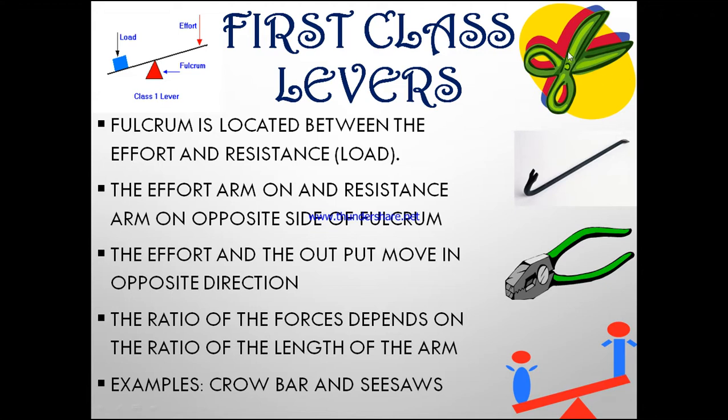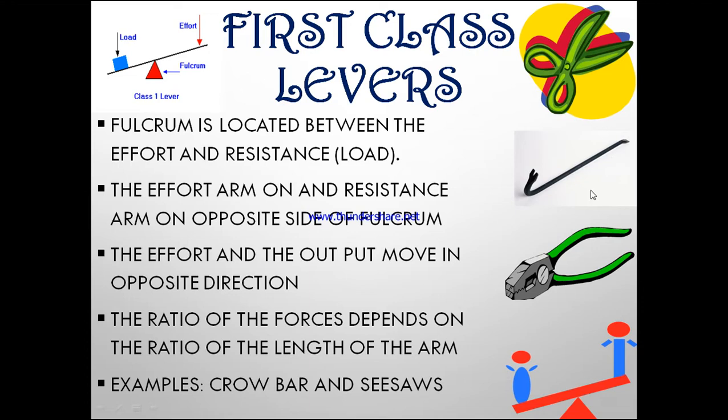According to the scissors, this is the fulcrum, and here the effort, because I hold the scissors from here, so the effort acts here, and here is the resistance, like the paper or the hair. This is the resistance, the load. So you will find the fulcrum is between the resistance and the effort. So this is a first class lever.